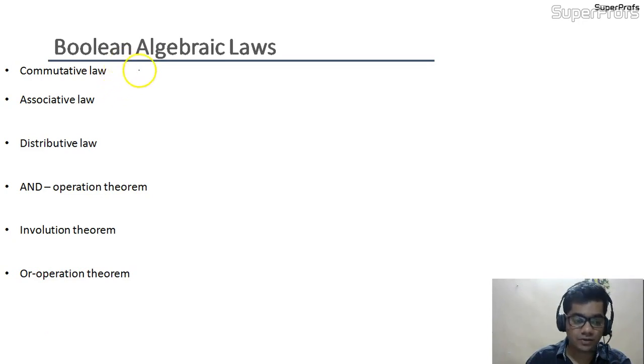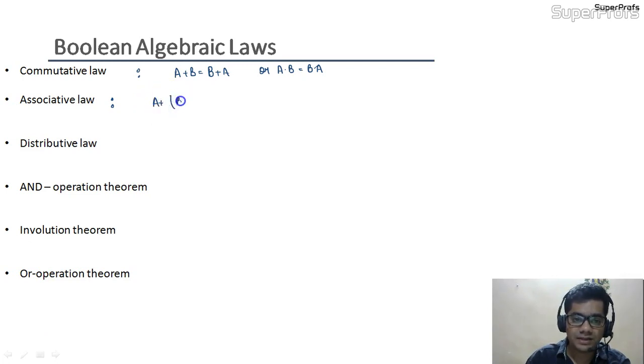So the commutative law is A plus B is equal to B plus A, or A dot B is equal to B dot A. Okay, this is our commutative law. Now we are going for associative law. So what would be the associative law?